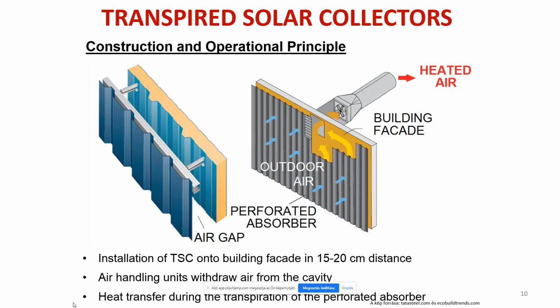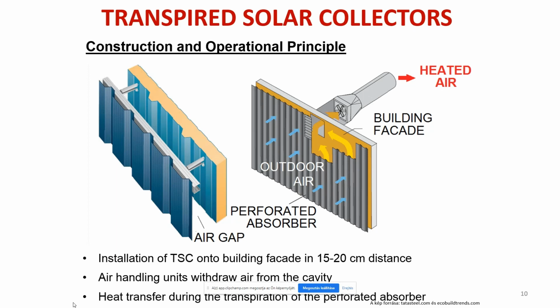This air gap is closed from all directions, and the point is that the air handling units which were withdrawing the outdoor air from the exterior will now withdraw this air from the air gap.